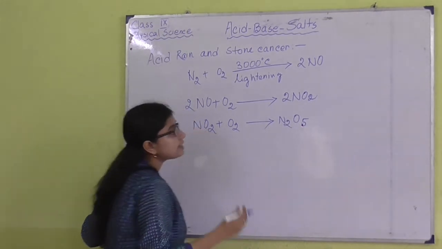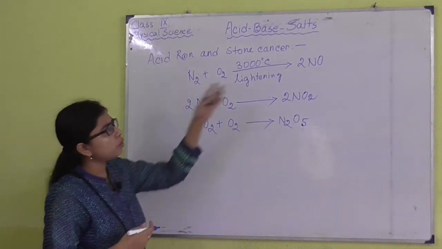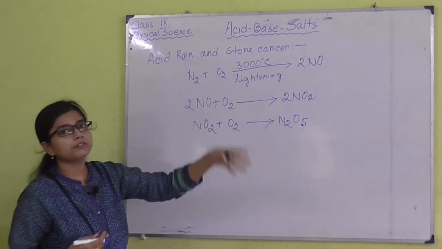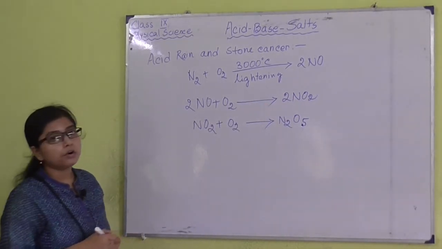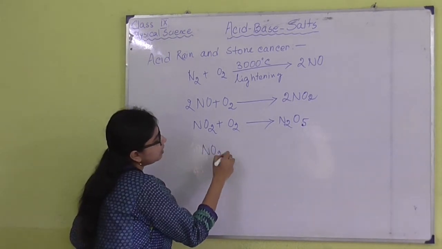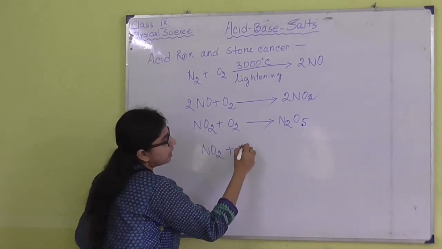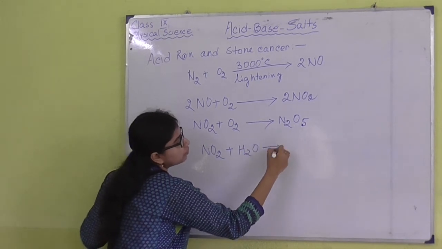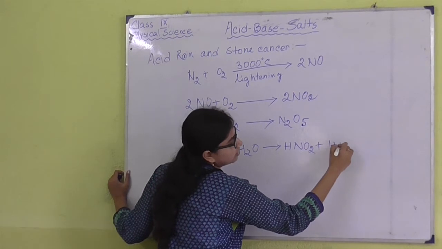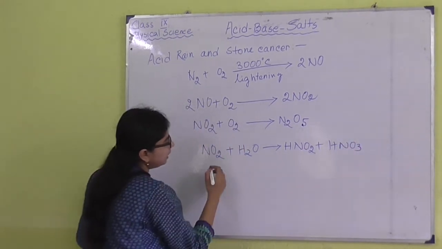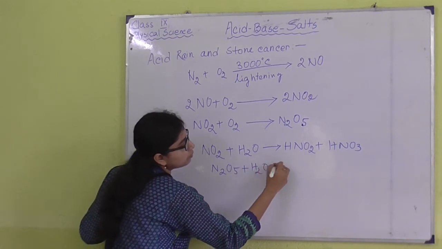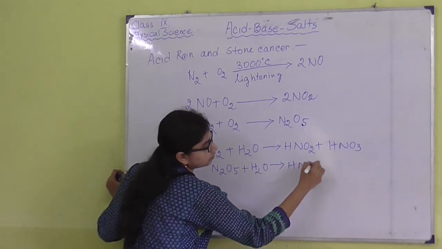Okay. And both the nitrogen dioxide and the pentoxide can react with water to form acid. Okay. So, nitrogen dioxide with water forms nitrous acid and nitric acid. Okay. And N2O5 can also react with water to form nitric acid.